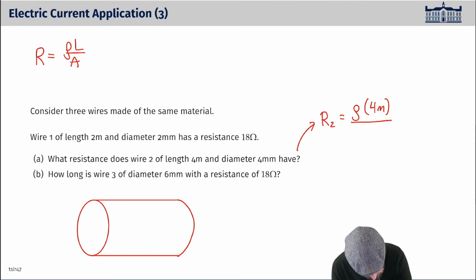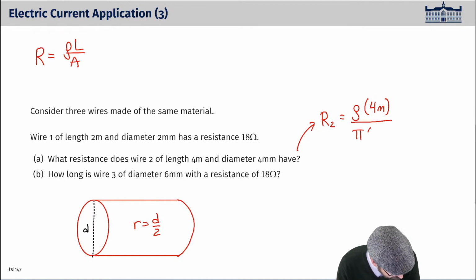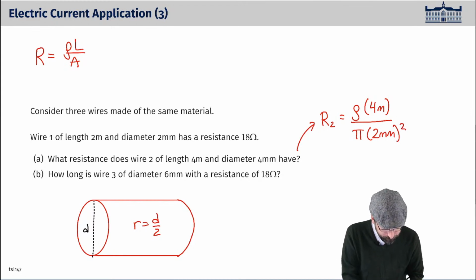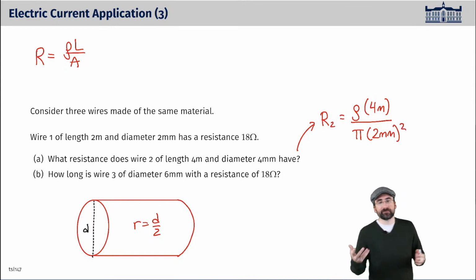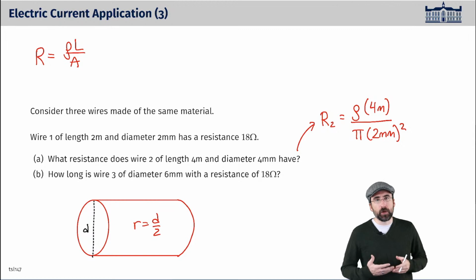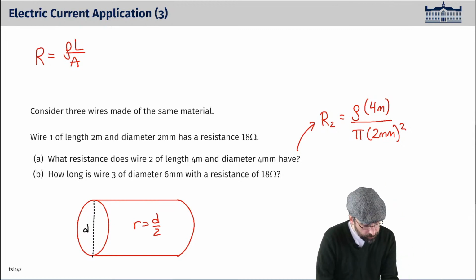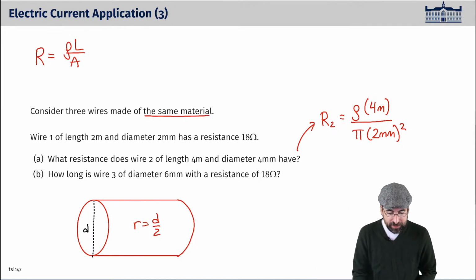If the diameter is that, then the radius is half the diameter. So this will be pi times 2 millimeters squared. And note right away, we can't solve this because we don't know what the resistivity is. Thankfully, we are told all of these wires are made out of the same material.